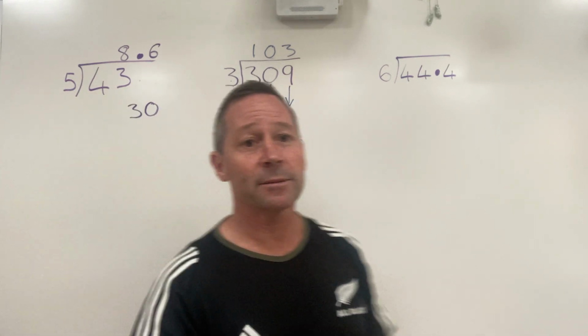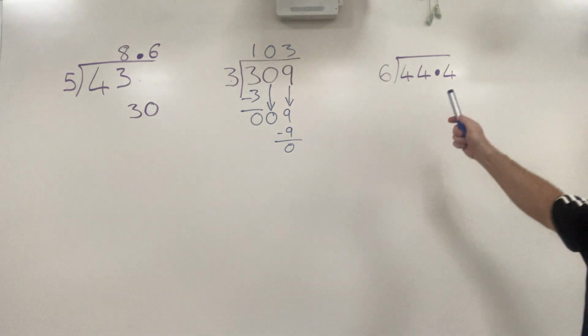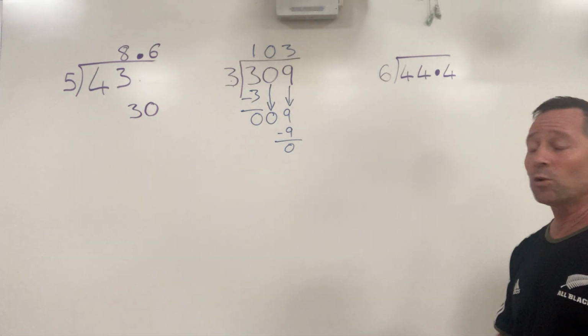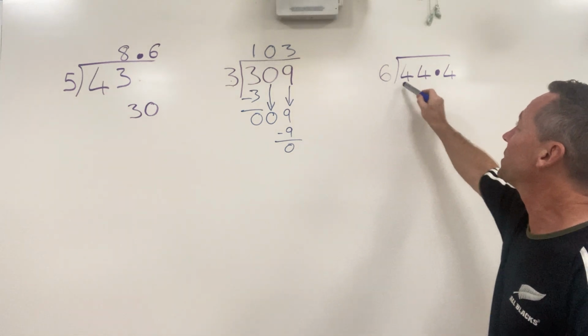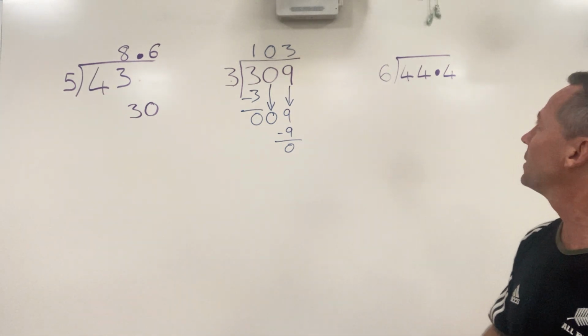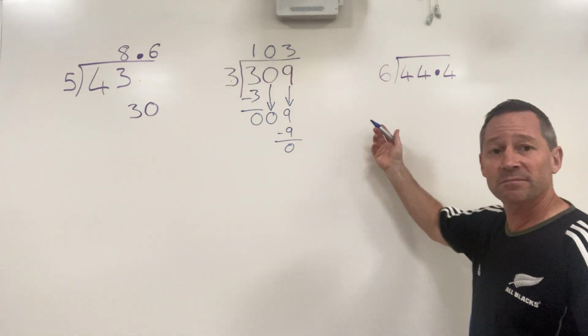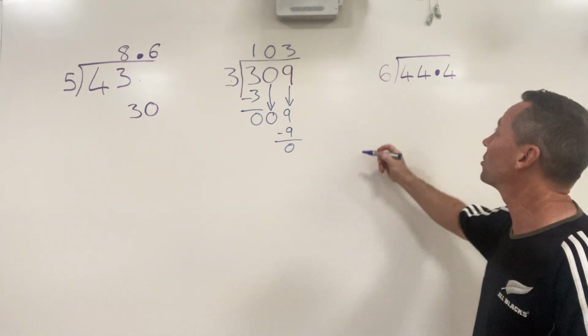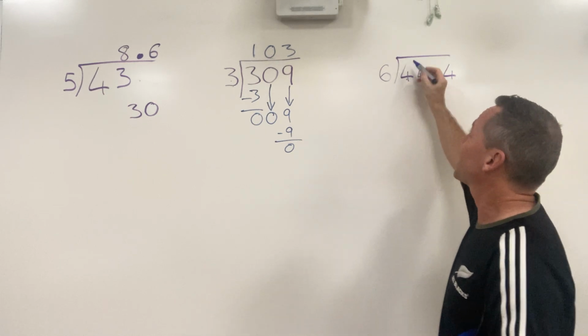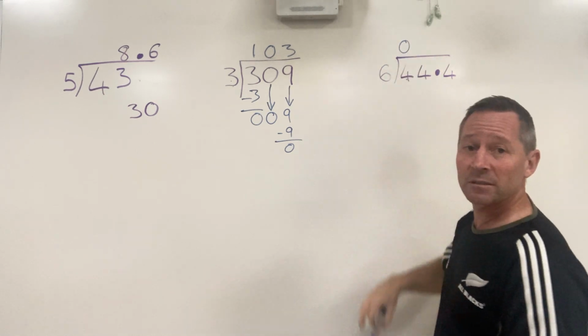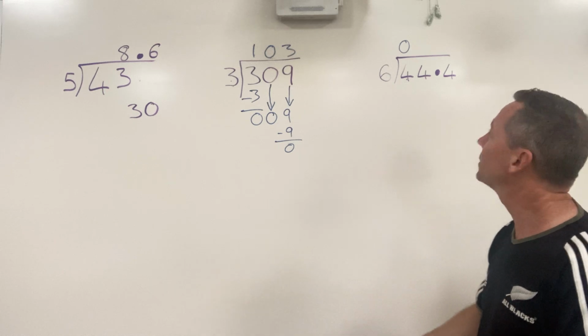If I come across to this one, I have 44.4 divided by 6. Or some people say, how many times can 6 fit into 44.4? Again, I would do the short division, but I'll show you the long division. Can 6 fit into 4? No. Nothing wrong with putting a 0 up here if you want. You can leave it there, you can rub it out later.